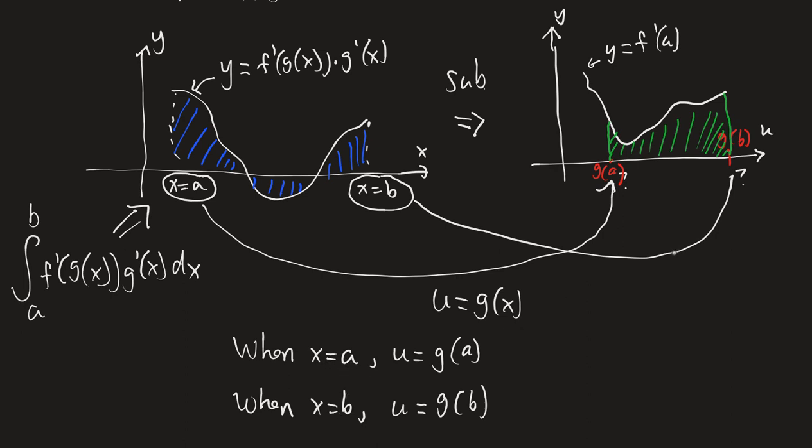And then once we do that, then we can write down the new definite integral where everything is in terms of u. So the lower limit here is g of a, right? That's what I have right there. Upper limit is g of b, and then the function is f prime of u, and then we're integrating with respect to u, right?